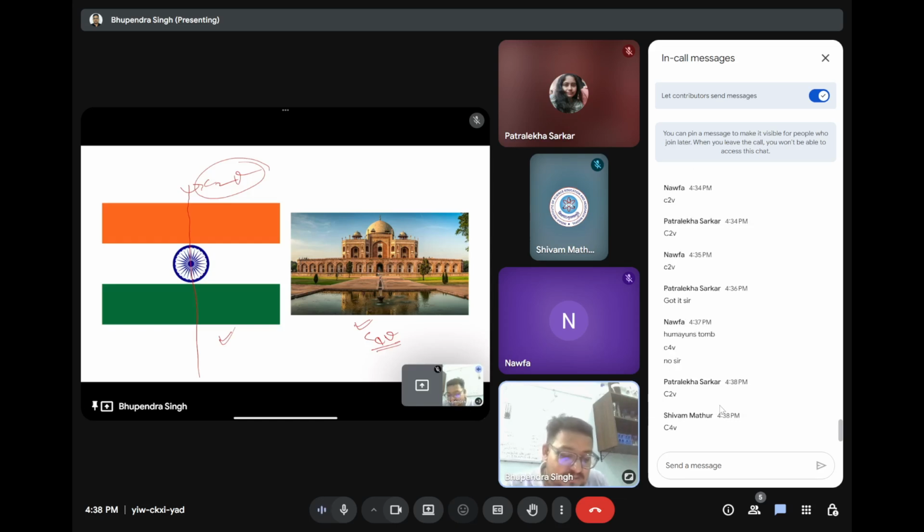Okay, where is it located? Humayun's Tomb. Sir, I am not sure. It is in Delhi. Okay, so consider this as the Taj Mahal. Then you will be able to find out that it is actually C4V.